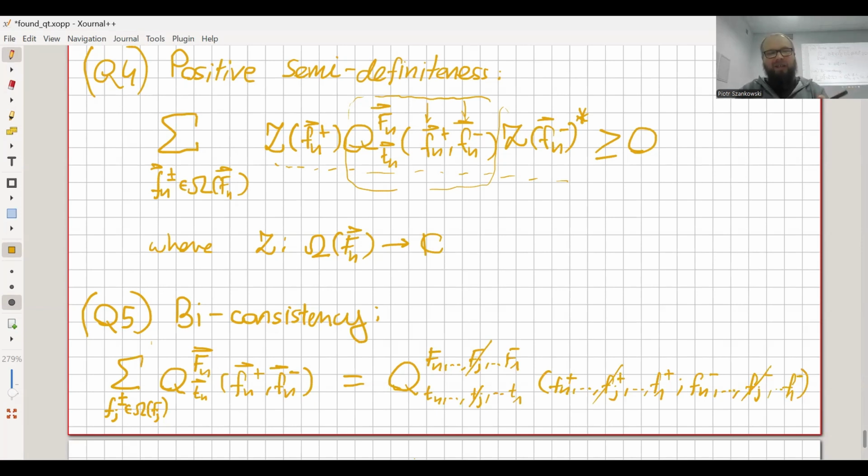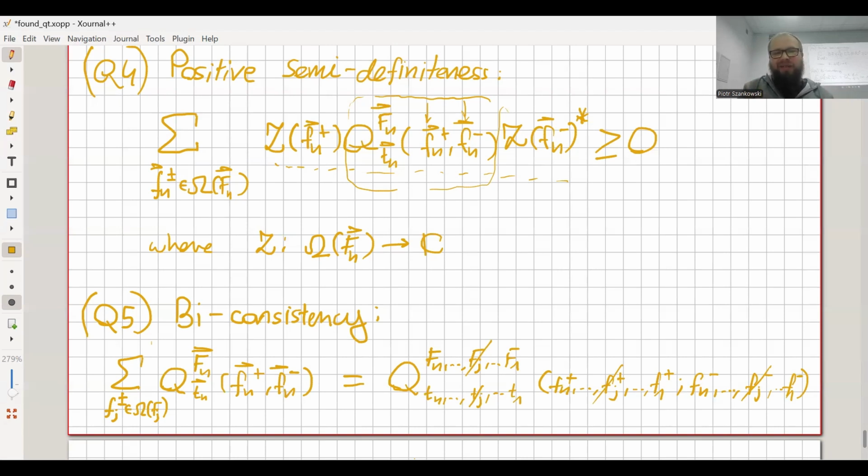And this Q5, on top of being this, what does it mean? Give me a sec. On top of being the simplest generalization of the consistency condition, it's a sufficient condition to fulfill observation 3.